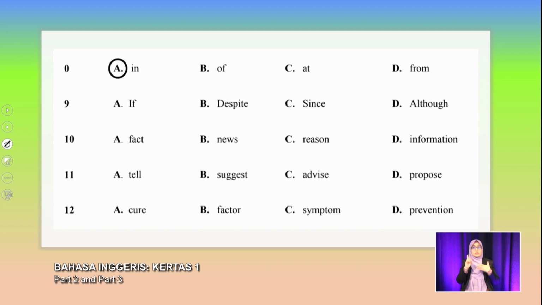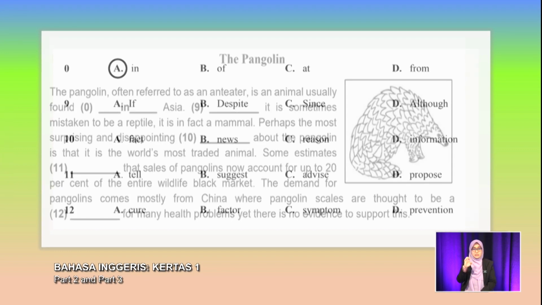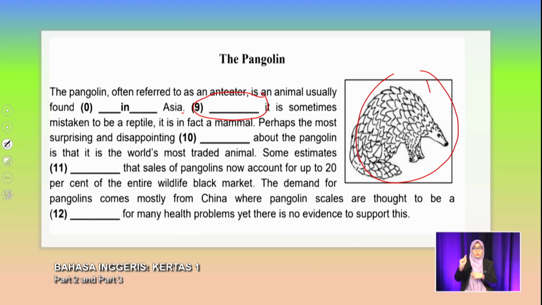All these 4 are cohesive devices, so which one is the most suitable? If it is sometimes mistaken to be a reptile, it sounds funny, right? Or despite it is sometimes mistaken to be a reptile, a bit weird there.